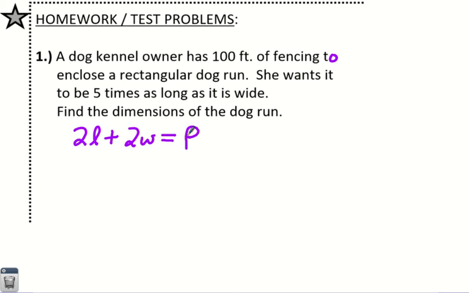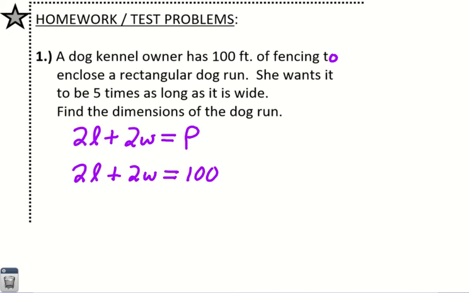But so 2 times, and we don't know the length, we don't know the width. We actually know the perimeter is supposed to be 100, but we don't know what the length is right now. We don't know the width, but we do know that we want the length to be 5 times whatever the width is.